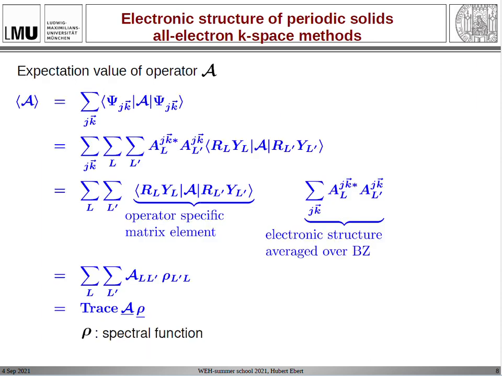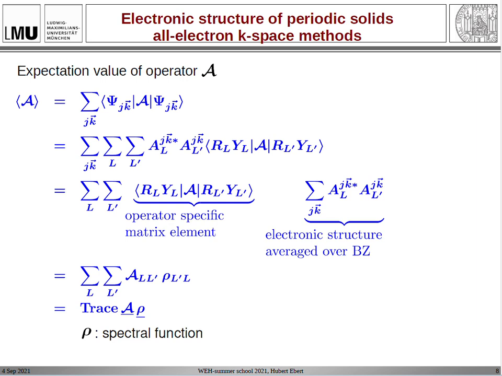So if we have solved that eigenvalue problem, we have the Bloch states, and we can plug them into the calculation of a matrix element for any operator. It can be 1 or it can be whatever you have. You calculate the matrix element, you sum over all occupied states, and you get the expectation values that way. Now, if we make use of the ansatz that we use, then with a little algebra, you can split what you have here into 2 terms.